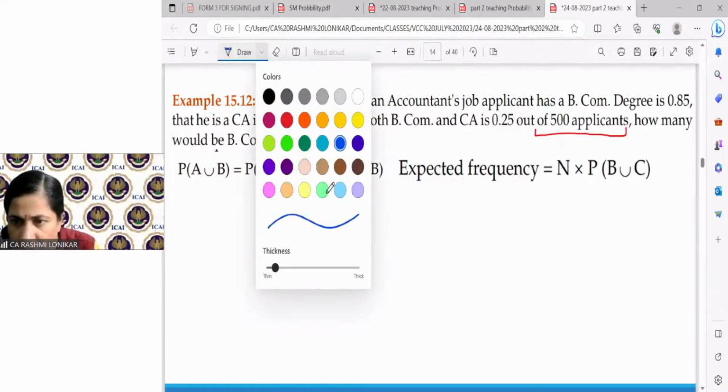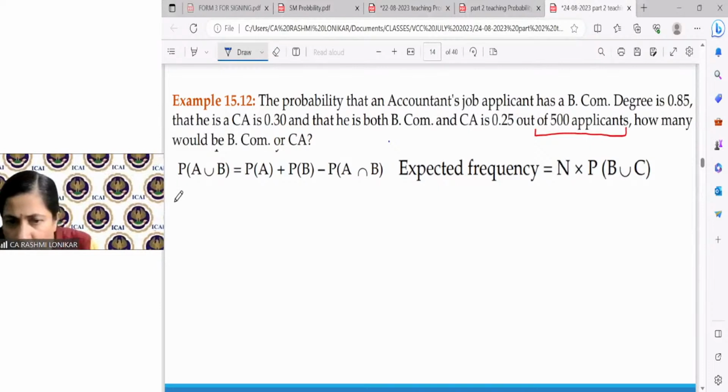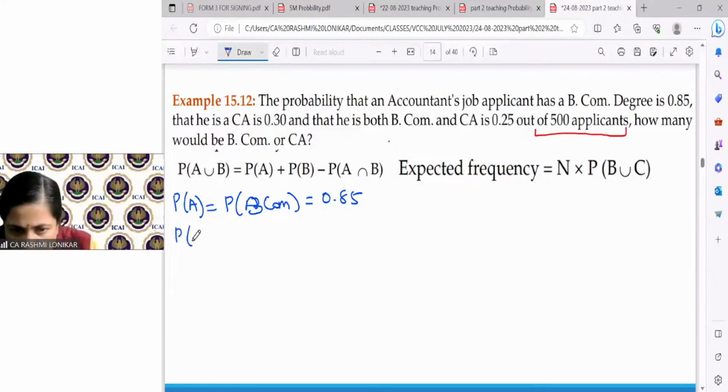So first, let A be the event that he is a BCom, with probability 0.85. The probability of B, the CA, which you all are going to become one day, is 0.3.